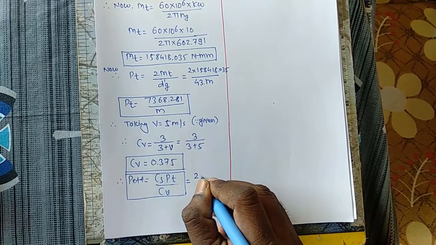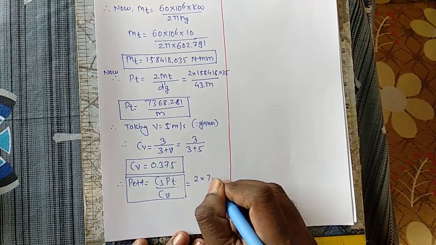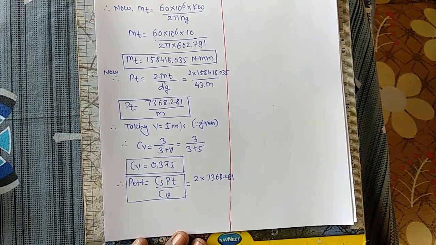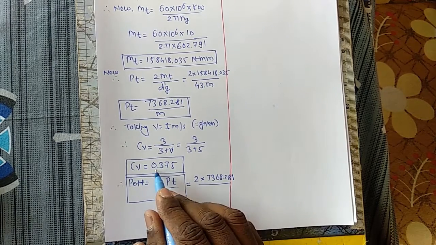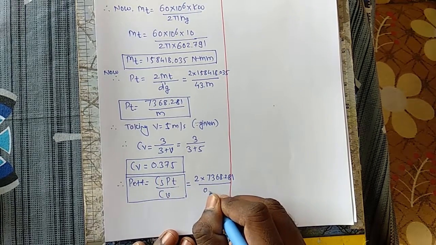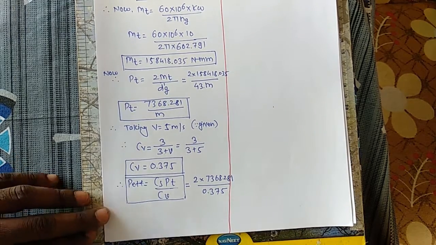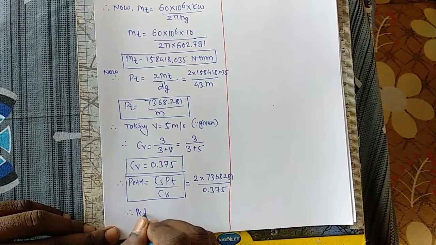So it is 2 into PT, and we got this value of PT as 7368.281, divided by CV, the velocity factor, which is 0.375. So therefore we will calculate P effective.